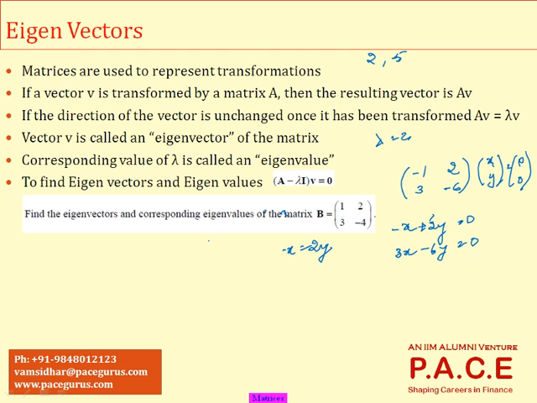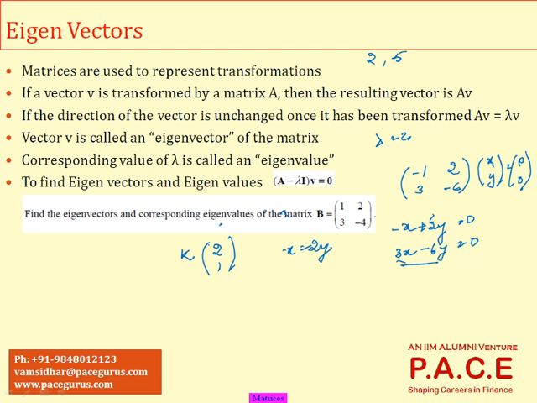How do I write it in vector form? x equals 2y, so I'll write it as k times (2, 1), some scalar multiplied by (2, 1), because in all those cases x is always equal to 2y; the equation 3x equals 6y also means x equals 2y.